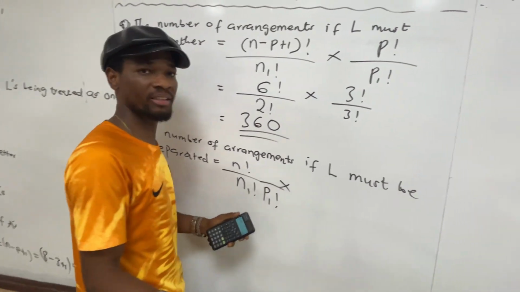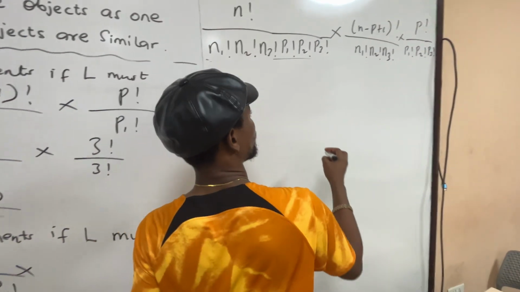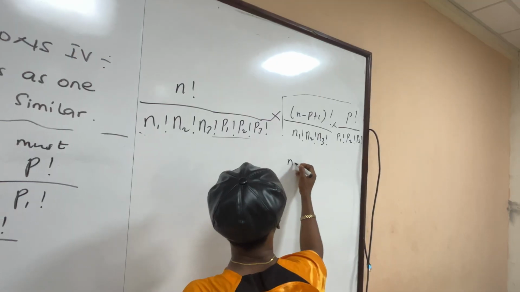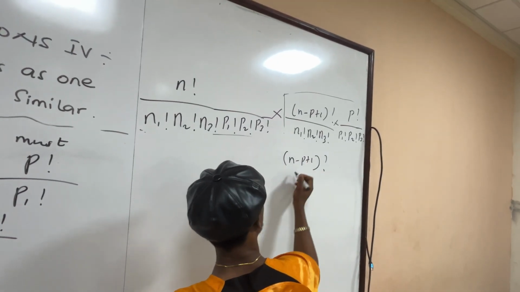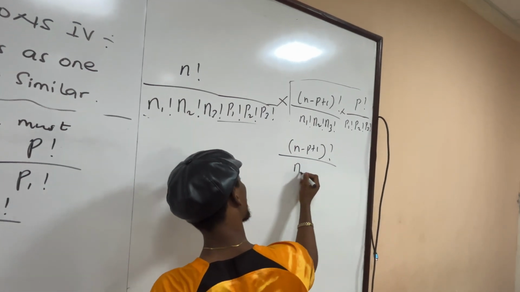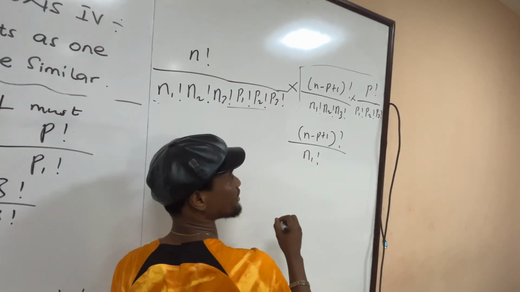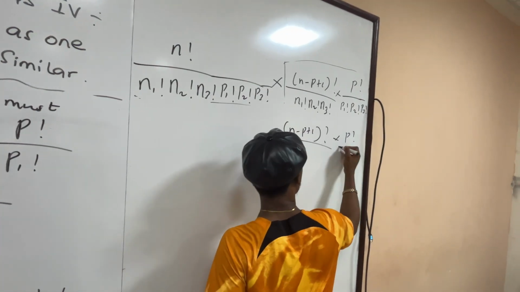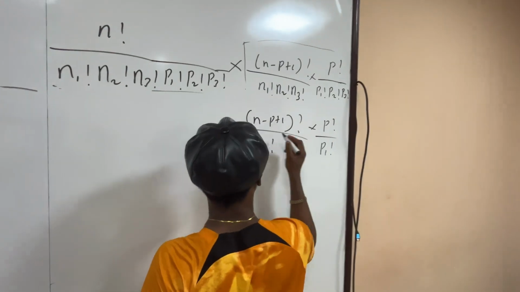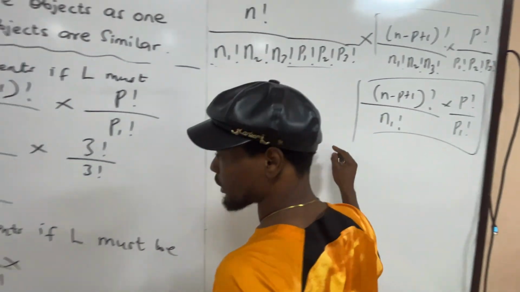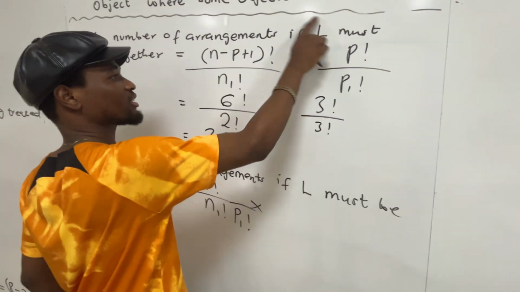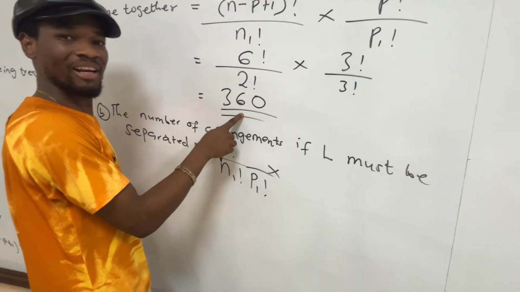Then times, viewers, from here, realize that this formula, which is (N minus P plus 1) all factorial over, but here you have only one N, so N1 factorial, right? Then times P factorial over P1 factorial, since you don't have P2 and P3. This formula is what has been calculated for over here, the whole of this, and we have 360.